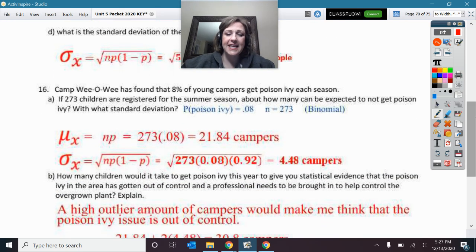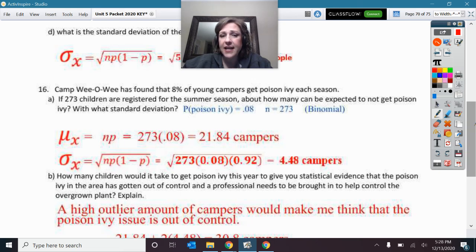And 16, that's happening because we have a binomial, we have 273 campers. All right, so we've got this probability of getting poison ivy. We know it's about 8% usually get the poison ivy in the summer. So we expect over the course of the summer, about 21.84 campers on average are going to get poison ivy with this standard deviation.